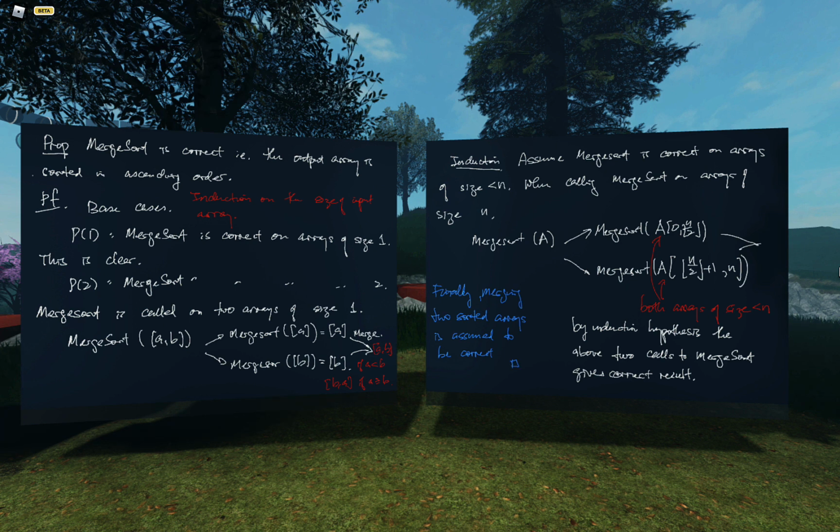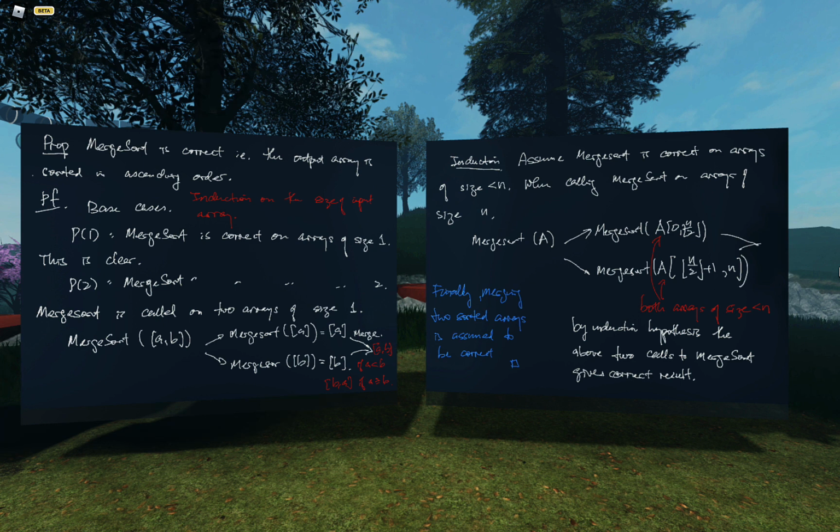So we're done. I didn't mention this, but we're assuming that the merge operation we understand always works. Taking two sorted arrays and combining them together will give you a sorted array. I didn't actually say how we did it, but we're assuming that there is a merge function that works.